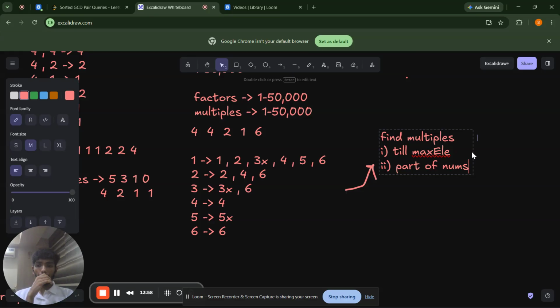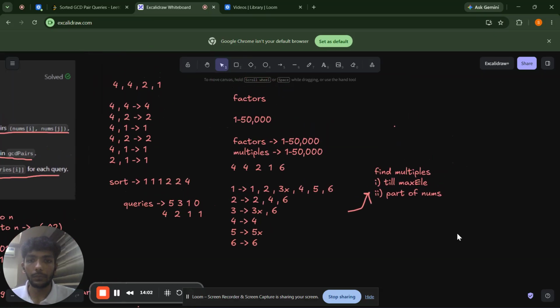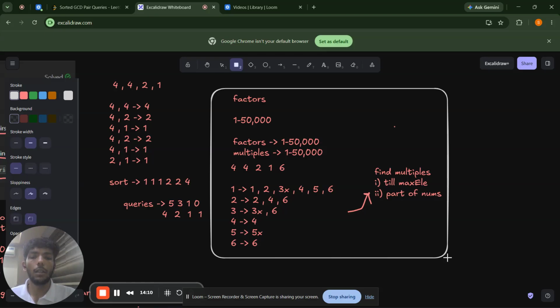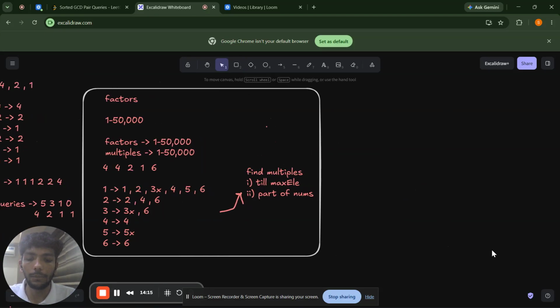As of now, let's first implement this much. Let's give this one a box. A white color will work so that we can differentiate.